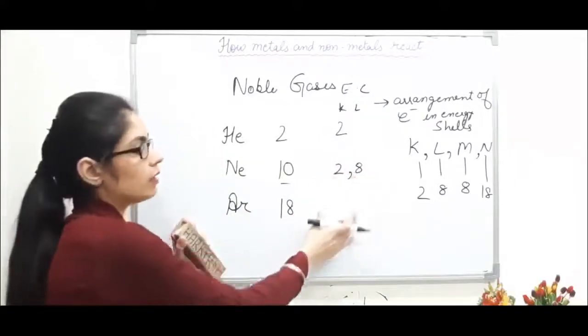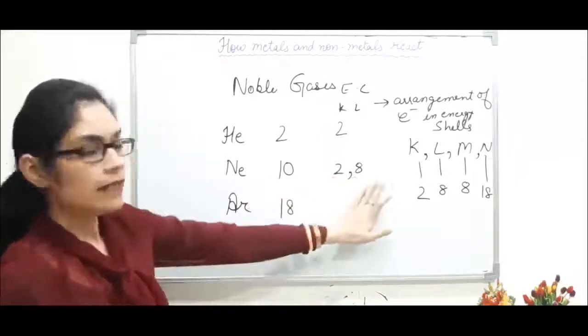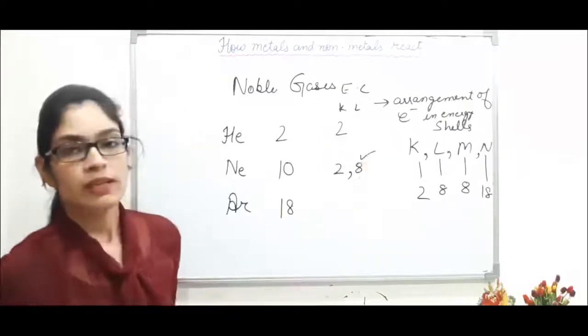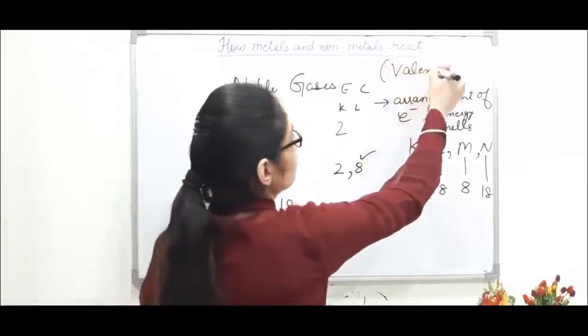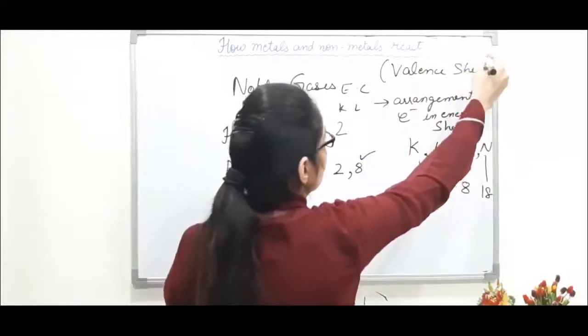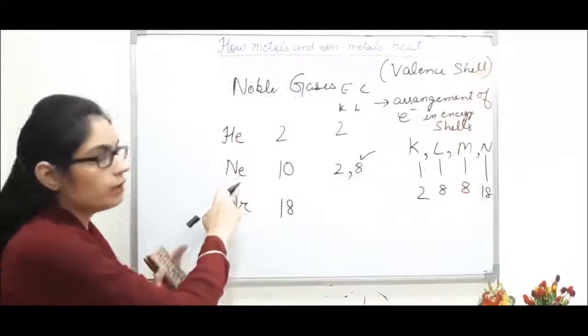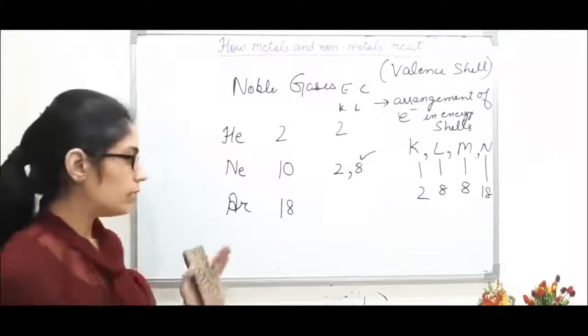So total 10 electrons are accommodated in this way. 2 in first shell and 8 in outermost shell, or outermost shell is also known as valence shell. So 8 electrons in valence shell in case of neon, and in case of helium 2 electrons in valence shell.